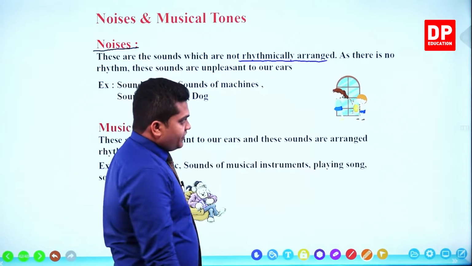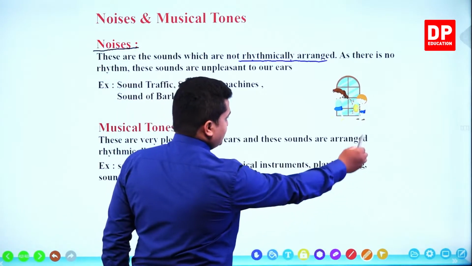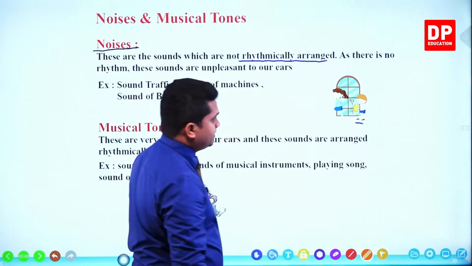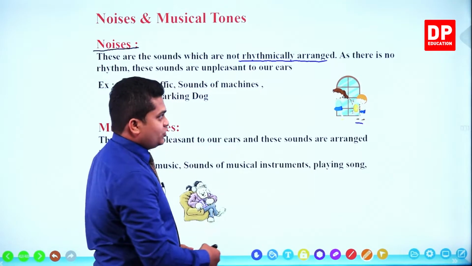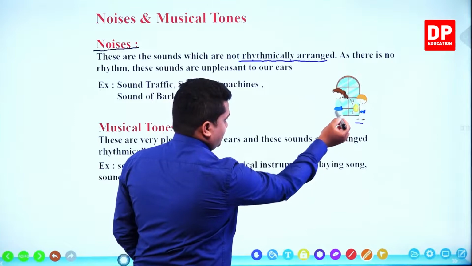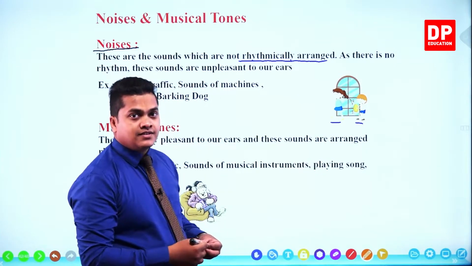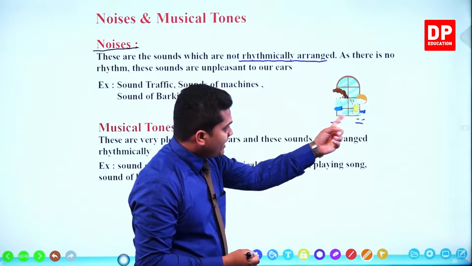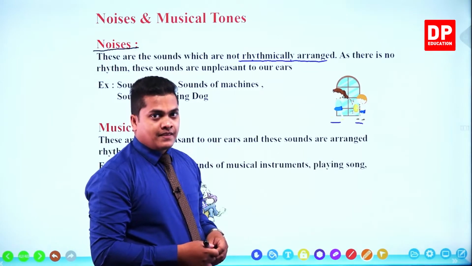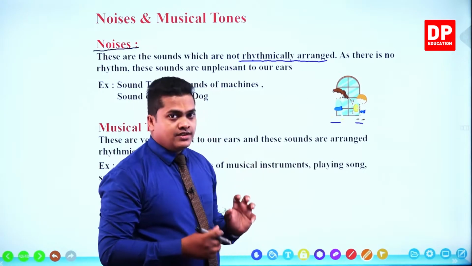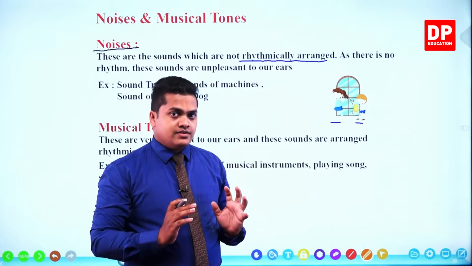So in this figure also you can see there's a small child, right? We'll assume that this is his sister. So when he is playing this instrument, his sister is closing her ears.